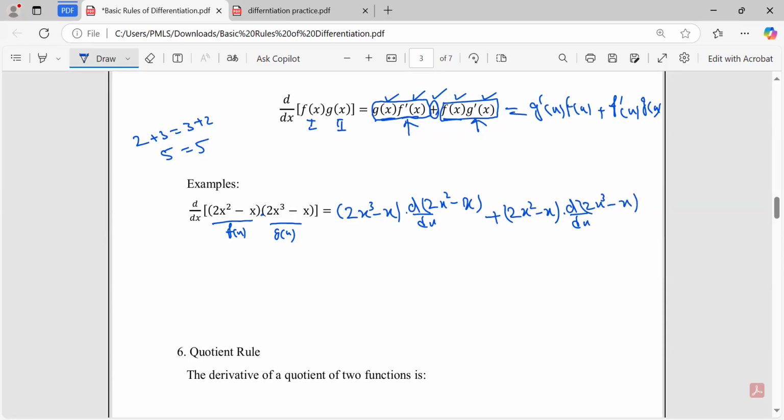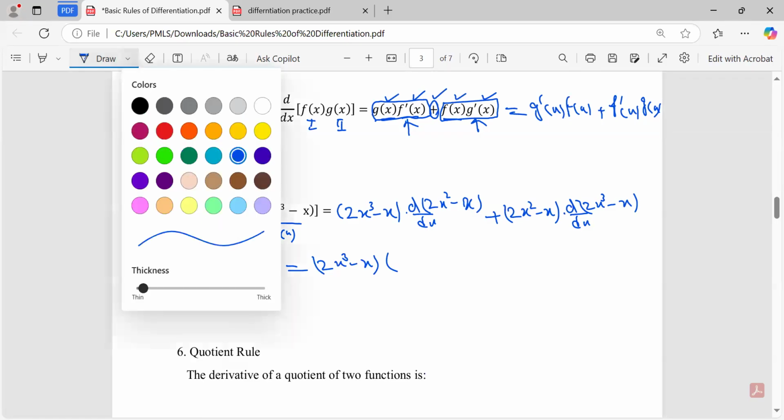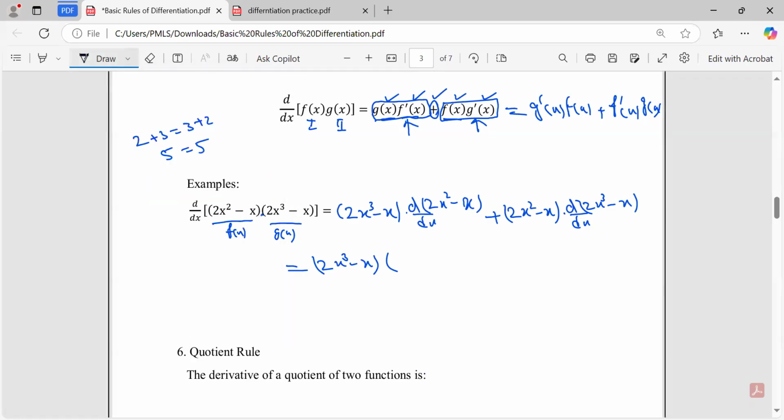This one will be as it is, and for the derivative of this term, derivative of 2x: 2 will be out, and when we apply the power rule it will be 2 times x, because 2 minus 1 is 1, and derivative of x will be 1, minus as it is.